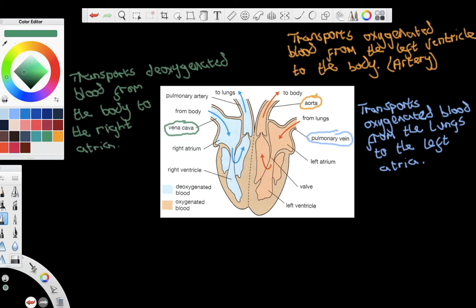Okay, so the vena cava transports deoxygenated blood from the body to the right atria.